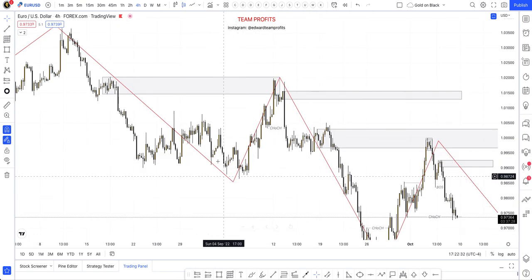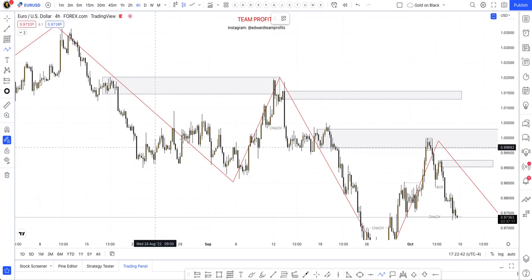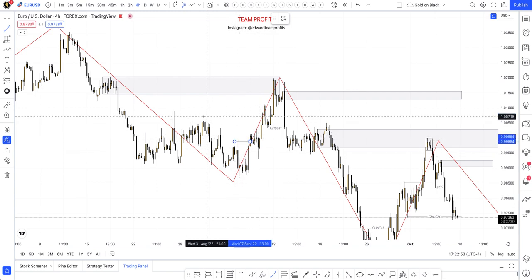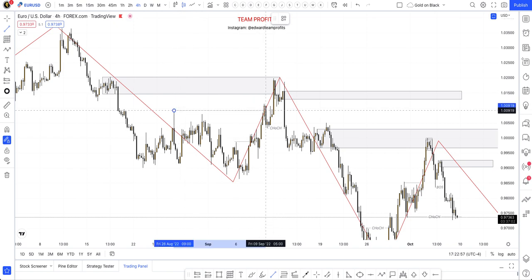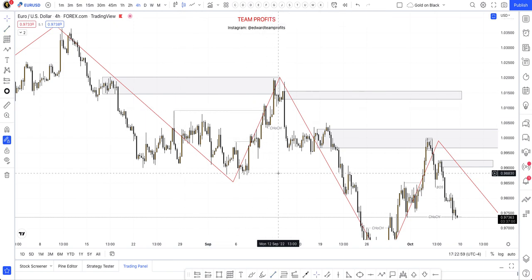Here at the bottom, where is the change of character happening? This one was very tricky because there's a lot of noise. Right here it was creating like a flag, right? There's a lot of noise. You may think that this is a change of character, or is it actually the one at the top right here?